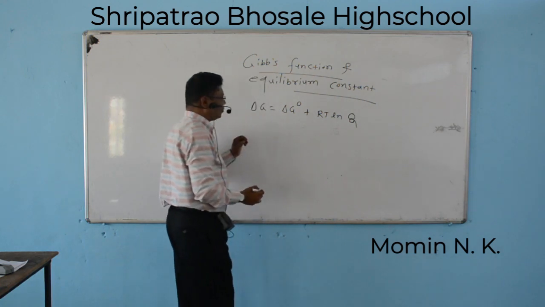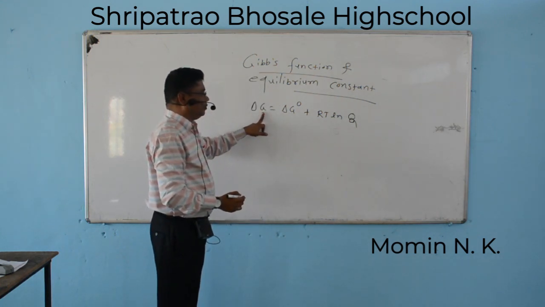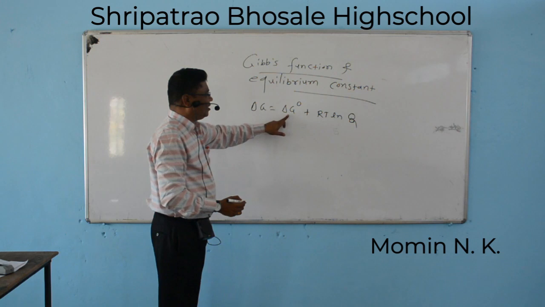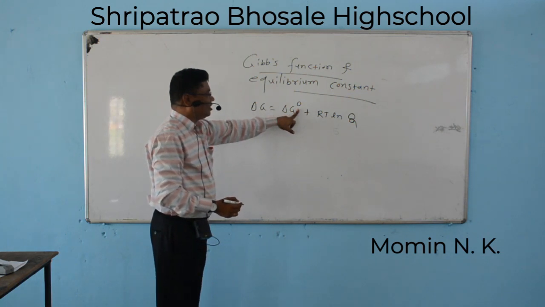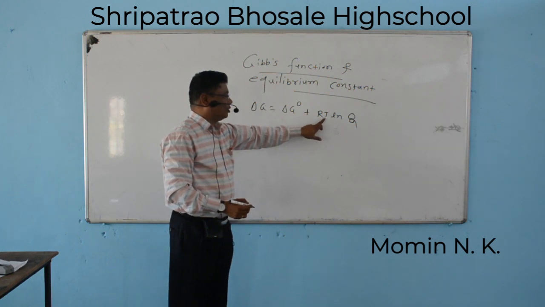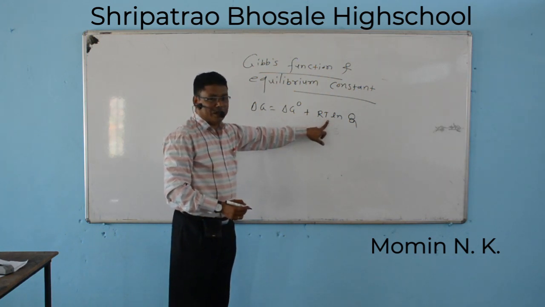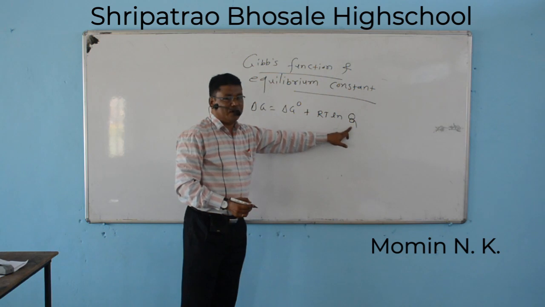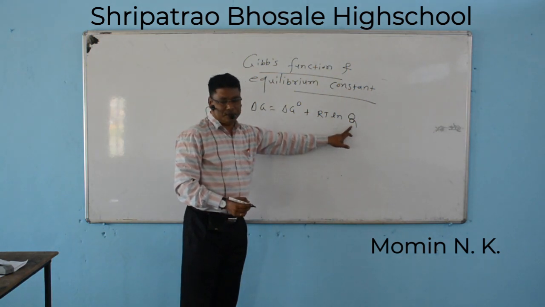Here delta G means Gibbs energy change, delta G0 means standard Gibbs energy change, R stands for gas constant, T is temperature in Kelvin, Q stands for reaction quotient.